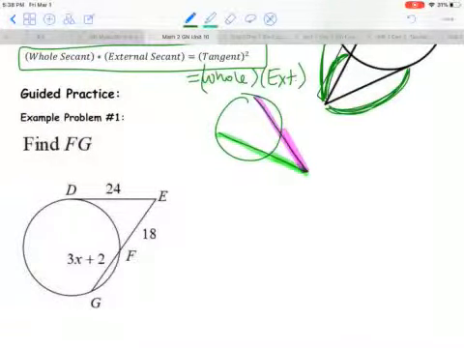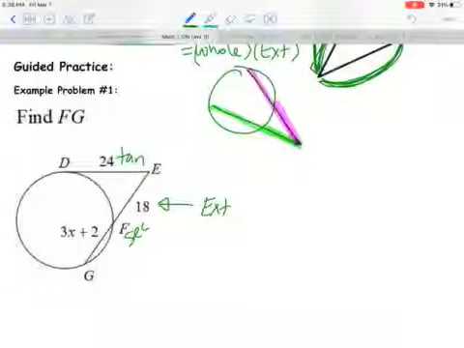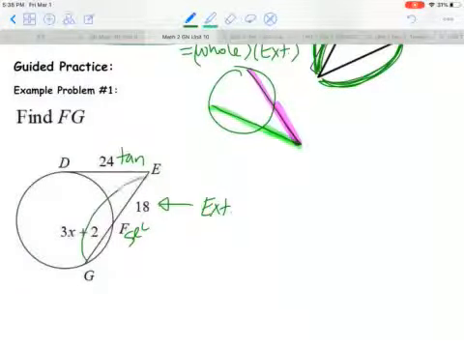For this one here, we've got a tangent line and a secant line. And this right here is our external piece. So the whole secant line, that whole thing, is 3x plus 2 plus 18. And the external piece is just the 18.